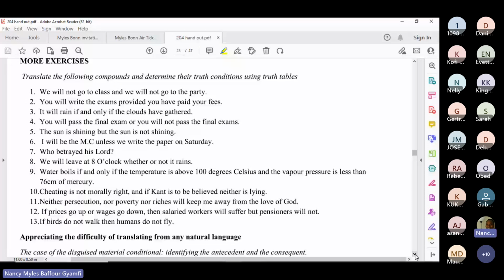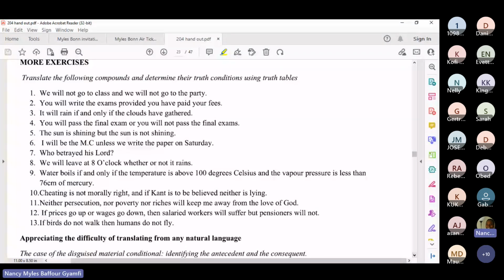Let's use X is going to class for C, and then X is going to the party for P. We will not go to class and we will not go to the party. Who is that? I'm just asking you to symbolize. Very good. That's more like it.